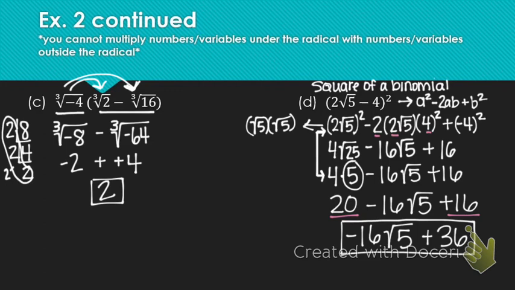That means I can skip this step right here, if I understand that a radical times itself equals the number under the radical. And that will be key to what you watch in part 2. That is lesson 9.1, part 1.